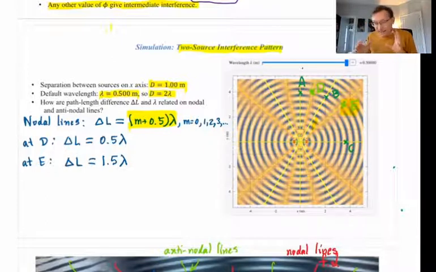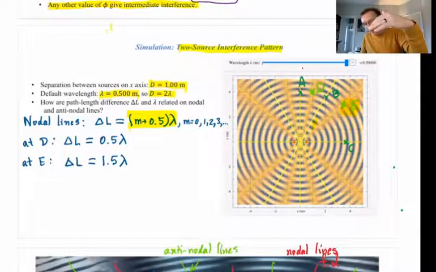And the path length difference smoothly increases as we go from the points A to D to B to E to C, with a delta L ranging from, respectively, 0 to 0.5 lambda, to 1 lambda, to 1.5 lambda, to 2 lambda.